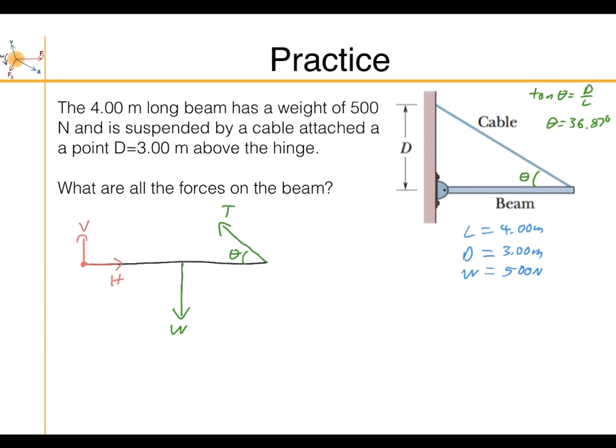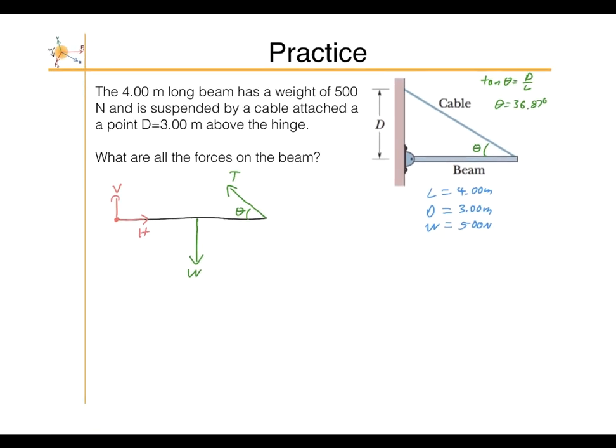Instead of doing an angle and a magnitude, I'm just going to call the two components H and V. What are all our unknowns? We have 3 unknowns here, right? The vertical component from the hinge, the horizontal component from the hinge, and the tension.